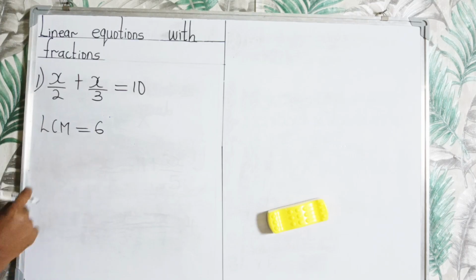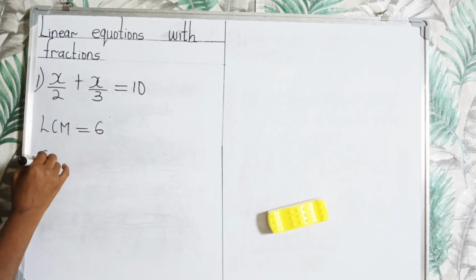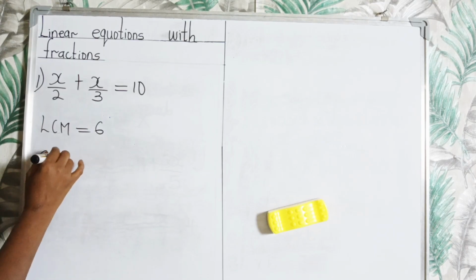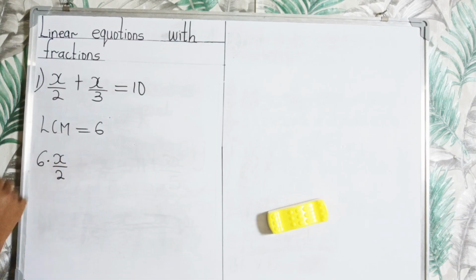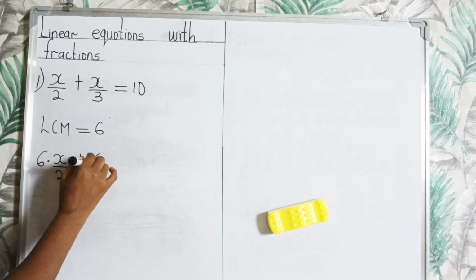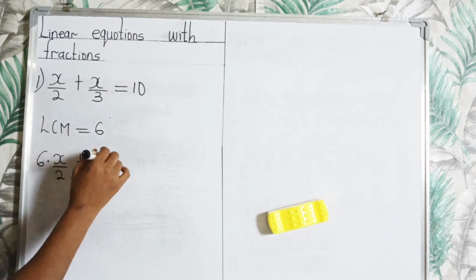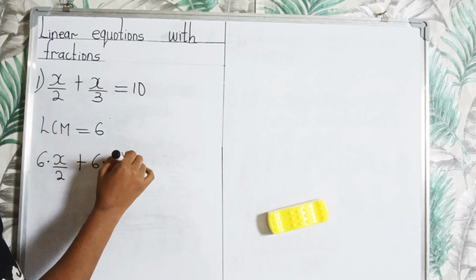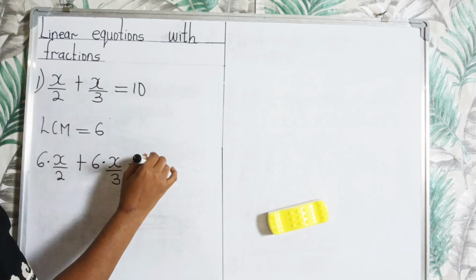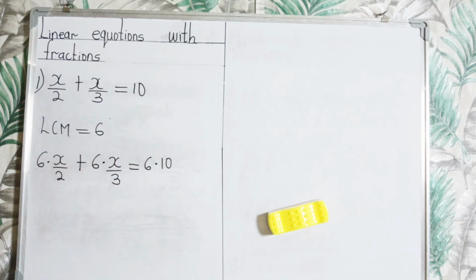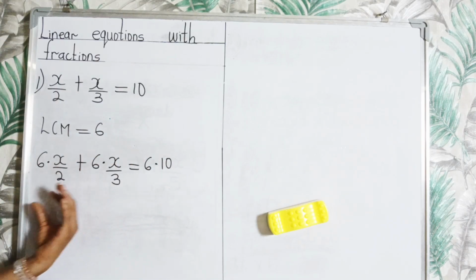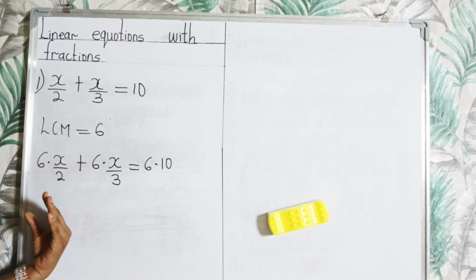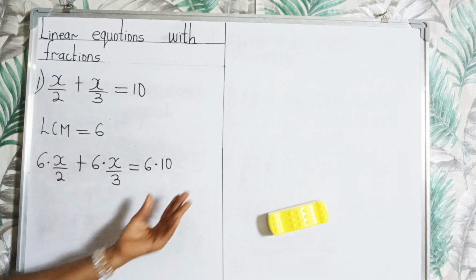All right, so I'm going to say 6 times x divided by 2 plus 6 times x divided by 3 equal to 6 times 10. Whatsoever we do on the right hand side, we do the same on the left hand side.